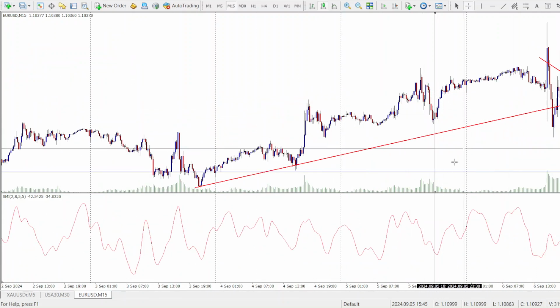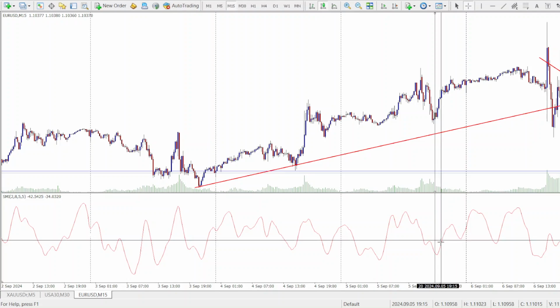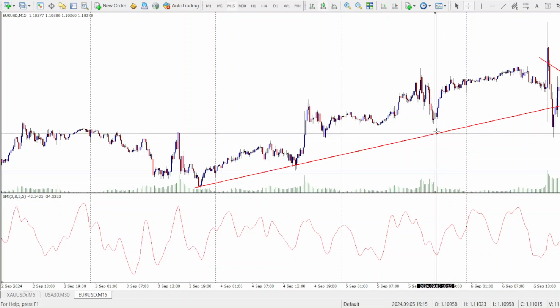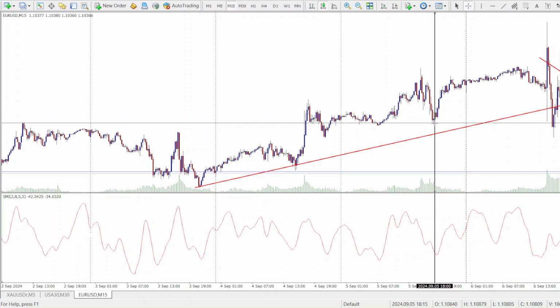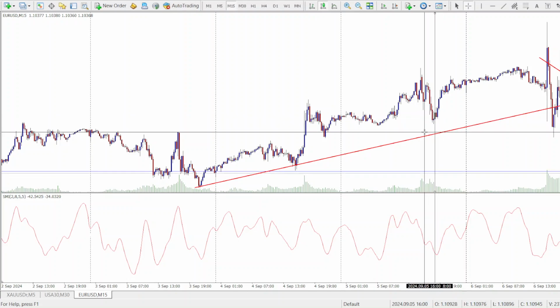Now you might ask, why not just use what we see here to enter our trade? The answer to that is, if you want to trade on the 15 minutes time frame, then use the 15 minutes time frame to enter and exit your trades. You can go to smaller time frames to check for smaller price movements, but your main decisions should be made on the 15 minutes time frame.